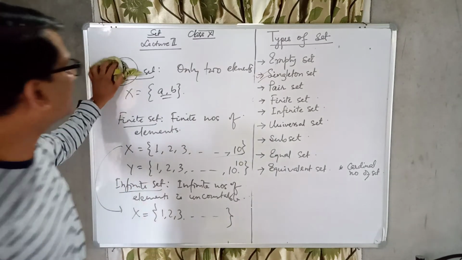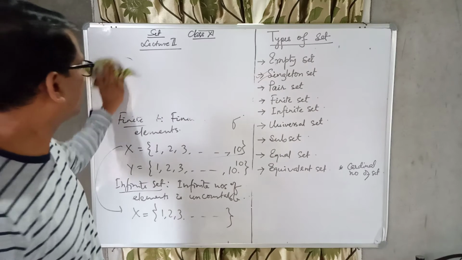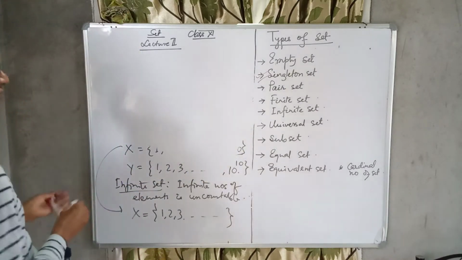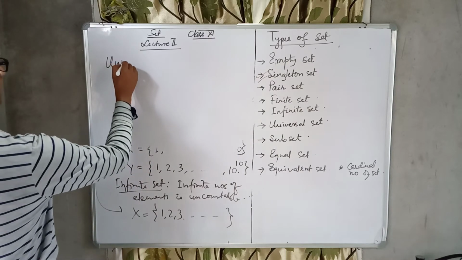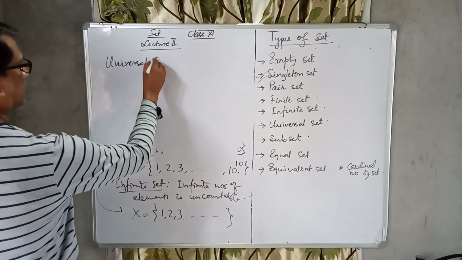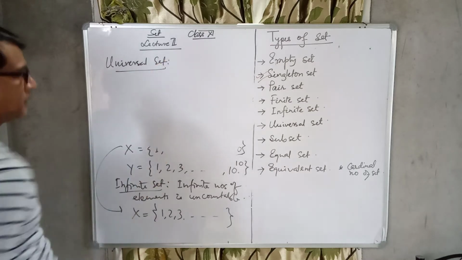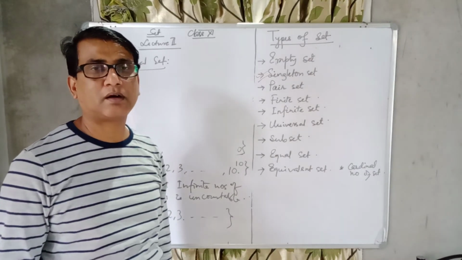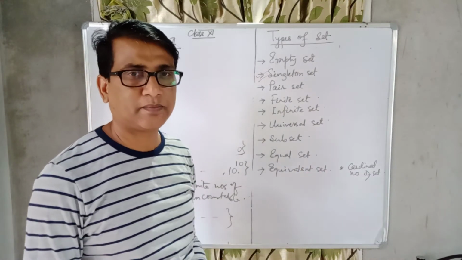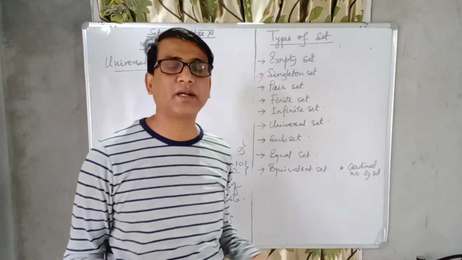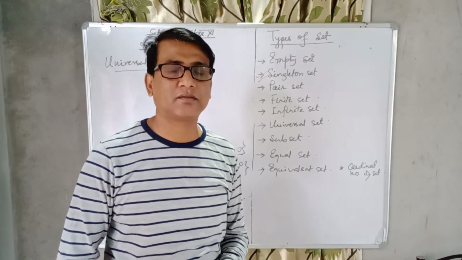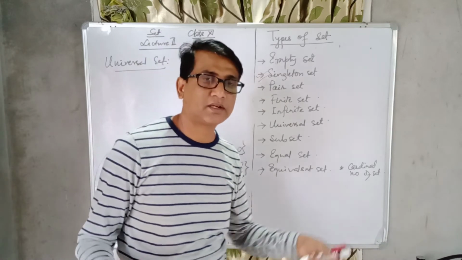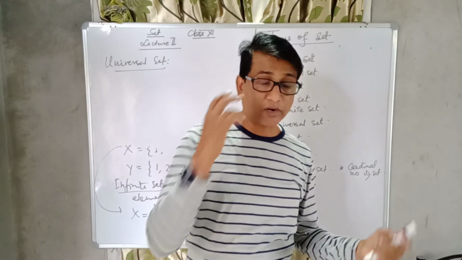Next, the universal set. What is a universal set? The universal set is the set which contains all the elements, considering other sets. Suppose we live in Assam, in Guwahati city.